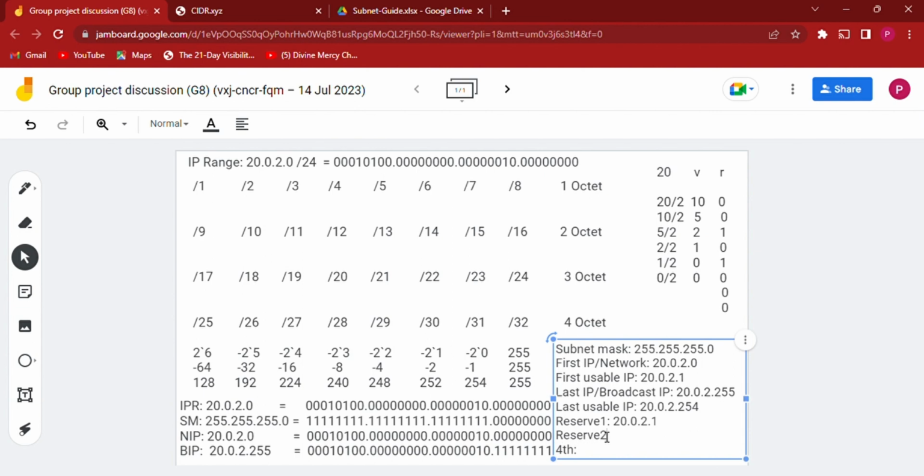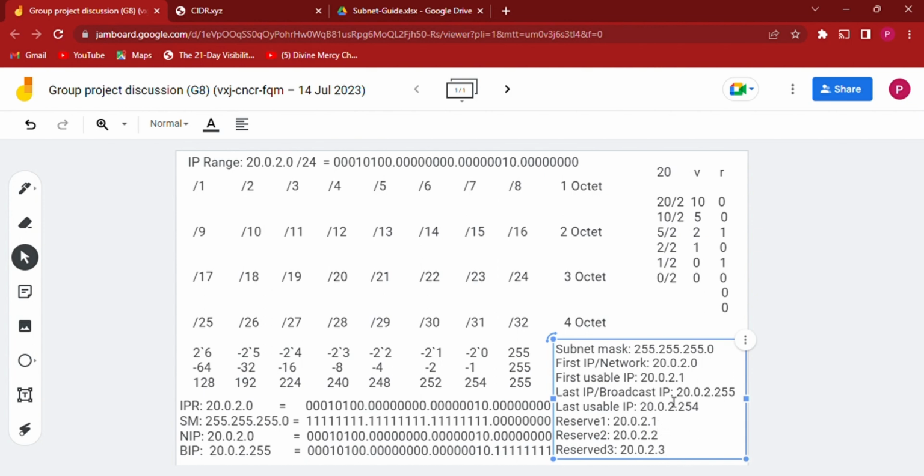Reserved 2, which is the second usable, is also reserved for DNS, and so is the third. So this is applicable when you are doing this within AWS.